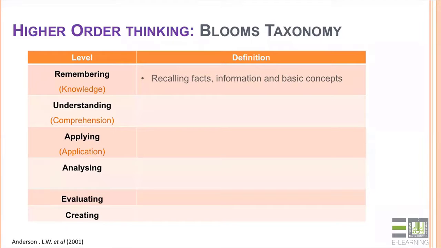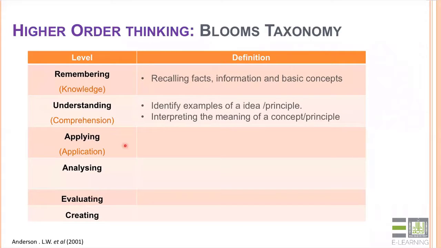The next level of Bloom's taxonomy is understanding. And here we would ask our students to identify examples of principles or ideas, or interpret the meaning of a principle. So that could be, for example, what does professionalism in the context of pharmacy mean? So that's interpreting the meaning of a specific principle.